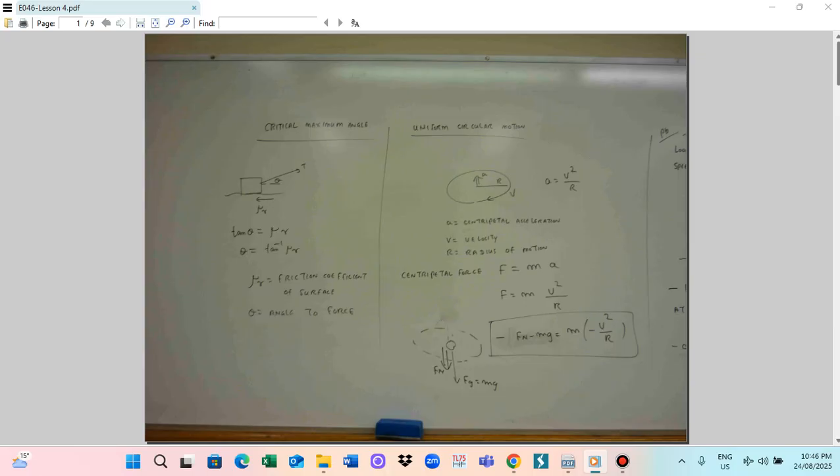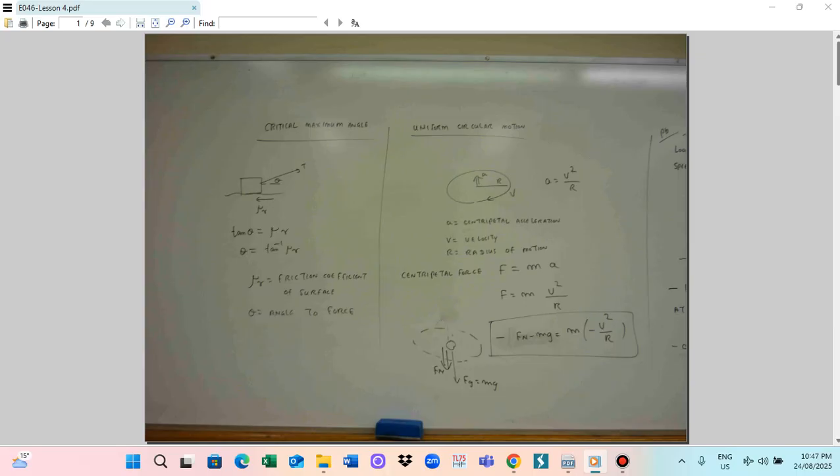So A is the centripetal acceleration, r is the radius of the motion, and v is the velocity. This is the way we can calculate centripetal acceleration in circular motion.